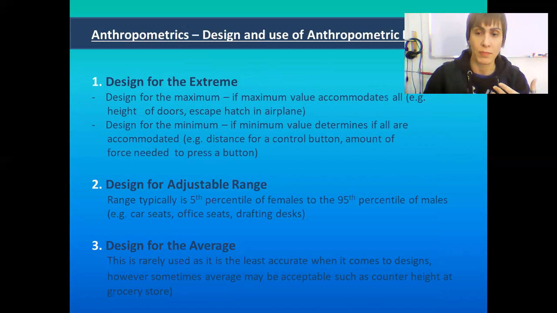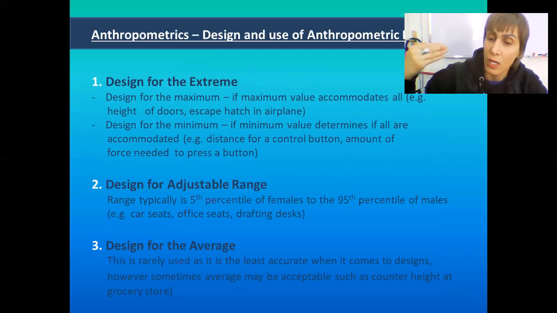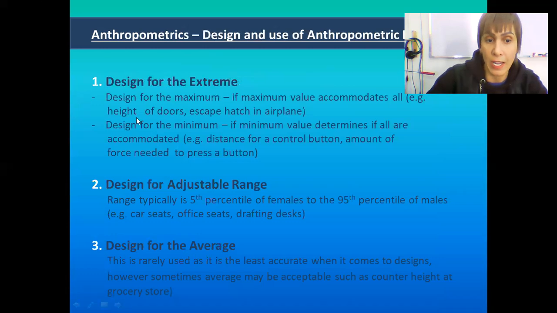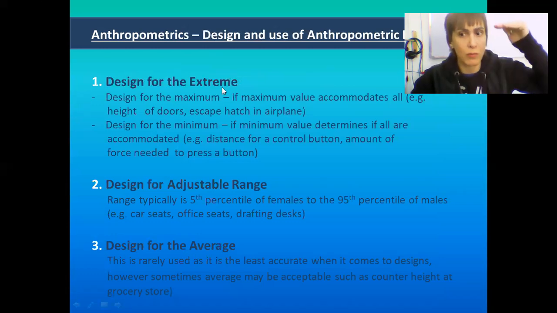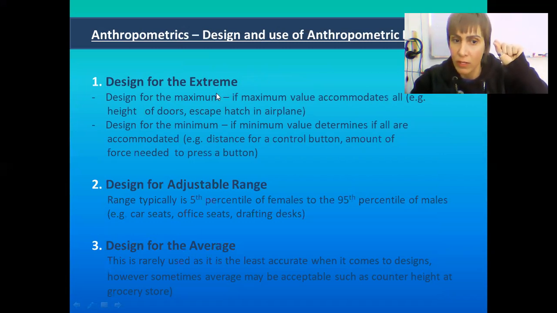A door is usually used by the public. So many people go in, go out, go in, go out. So you need to fit their body sizes. So you select the maximum height of the population and you design for this number, for these measurements.